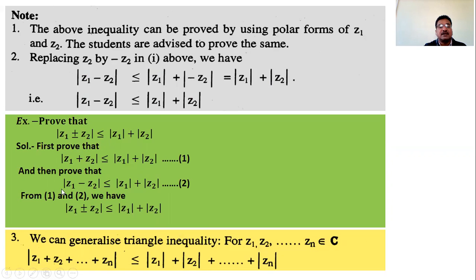Don't write a minus sign here. |z1 − z2| is not less than or equal to |z1| − |z2|, but |z1 − z2| is less than or equal to |z1| + |z2|.